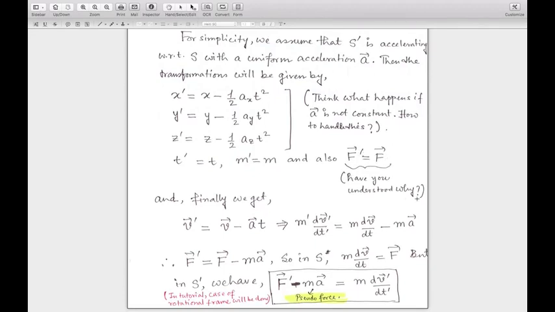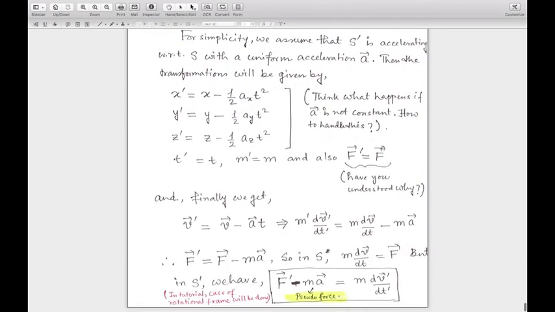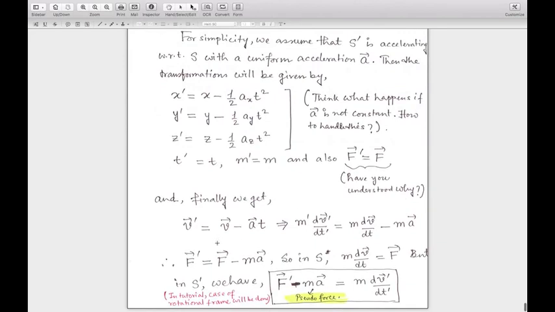Have you understood why? This is again the case of another type of space translation, and the relative distances are not changing. And you will see that this is simply the case of the previous space translations. And finally, if you do this translation, you can work out the transformation of the velocity, where you can see that the velocity is now translated by an amount which is linearly proportional to time, but the acceleration or the force is translated by a constant amount which is ma.